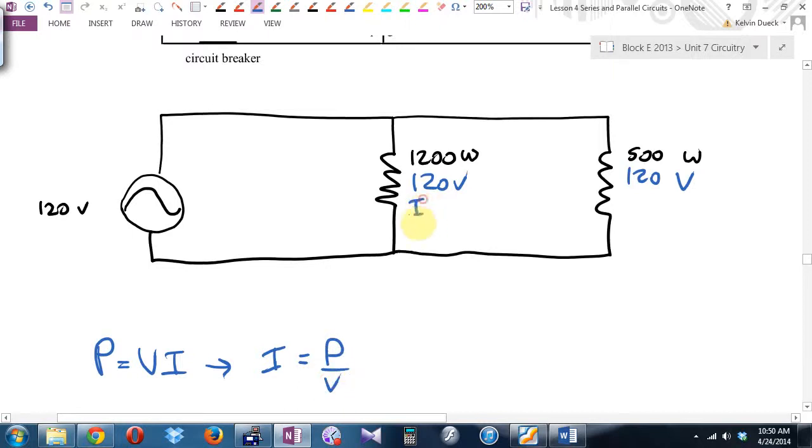So how many amps going through that portion of the circuit? 10 amps. How many amps going through this portion of the circuit? Don't think it works out evenly. Okay, so I'm going to go 4.17.